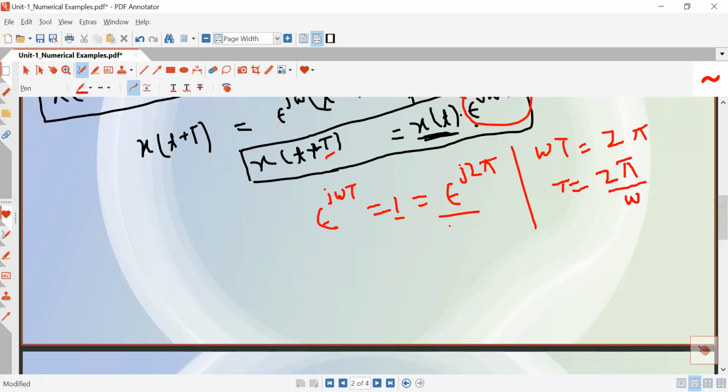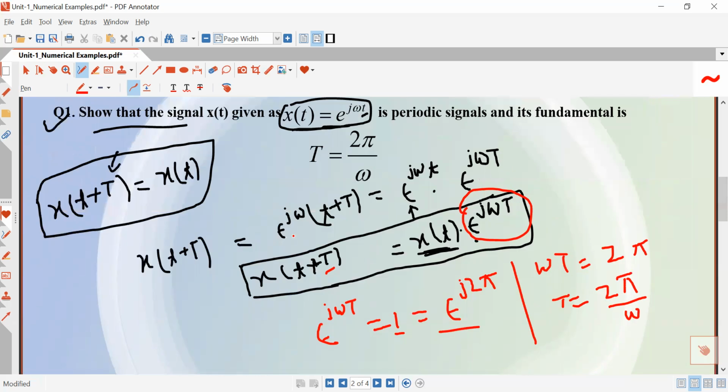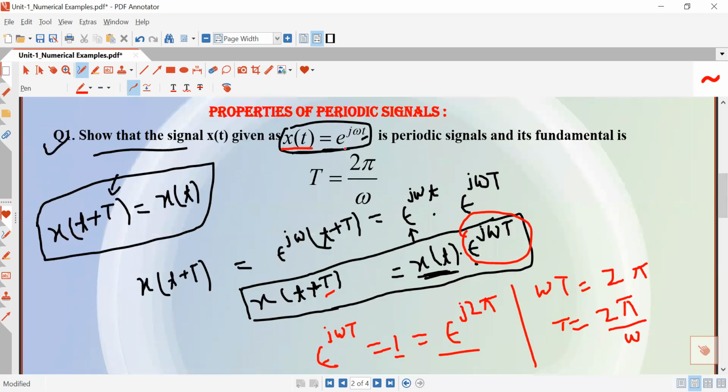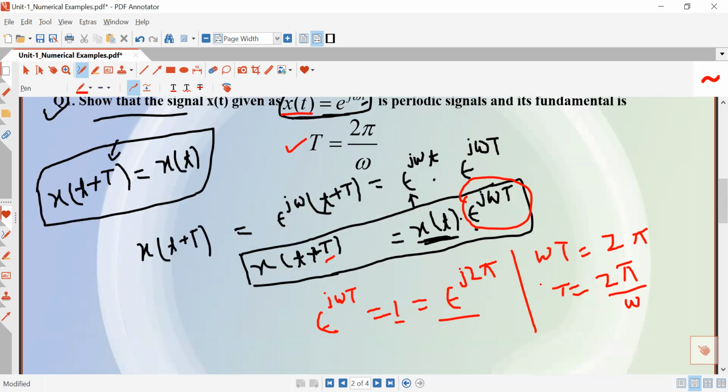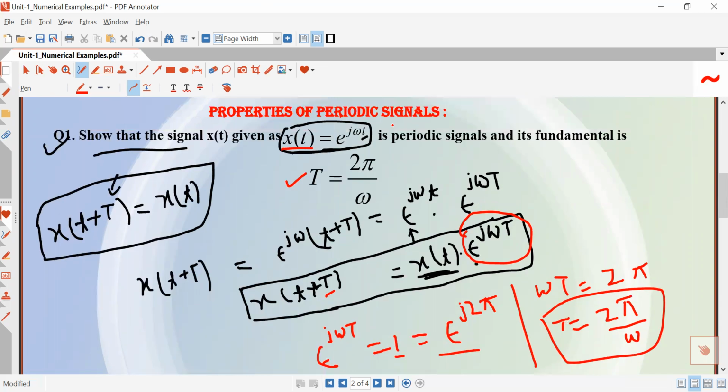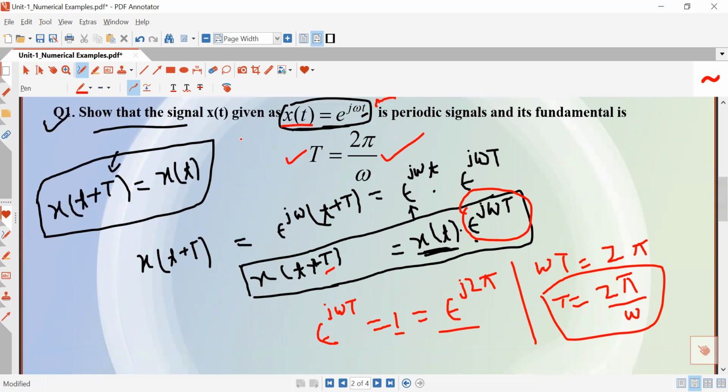So you can say that this signal x(t) equal to e to the power j omega t can be a periodic signal, but its fundamental time period should be equal to 2 pi by omega. Or you can say x(t) equal to e to the power j omega t is a periodic signal with fundamental period of 2 pi by omega. So you can directly use this formula.